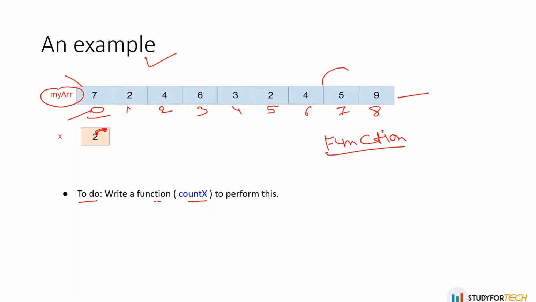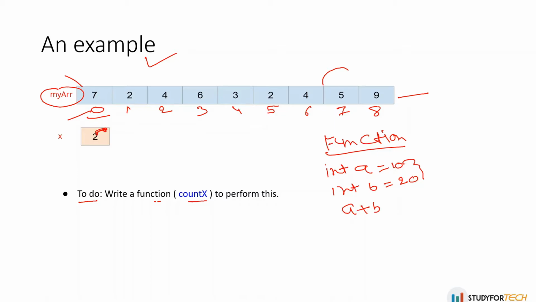Let's suppose I want to add two numbers. Let's suppose this is one variable a which is assigned 10, and then another variable b which is assigned 20. Now if you want to add these two values, what you will do, you will just write a plus b, and here I am adding two numbers.